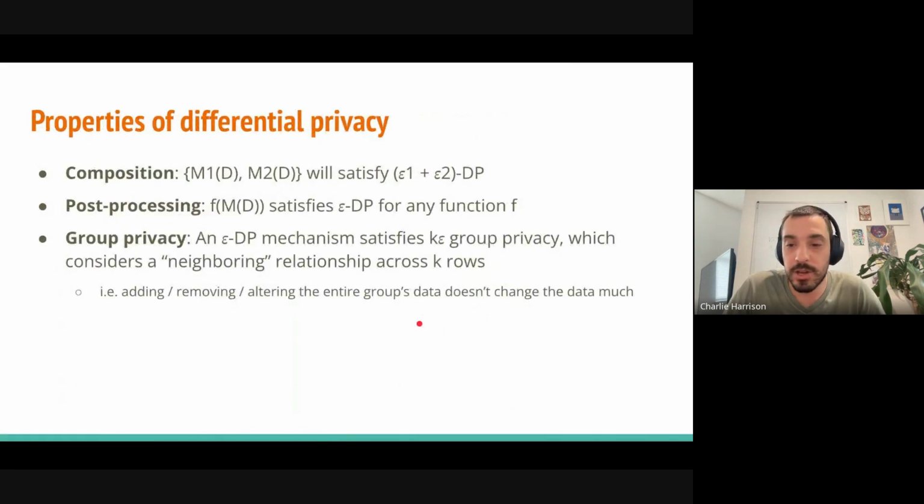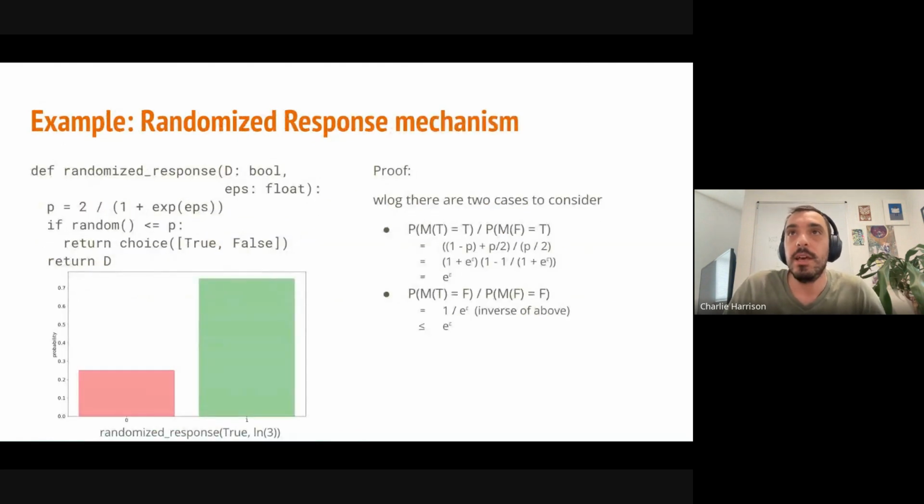The next thing I want to go over is a few examples of privacy mechanisms that satisfy differential privacy. This first one I think is very relevant to this system entropy proposal, because if you're talking about wanting to noise a bit, randomized response is the classic algorithm. And here's the algorithm on the left.